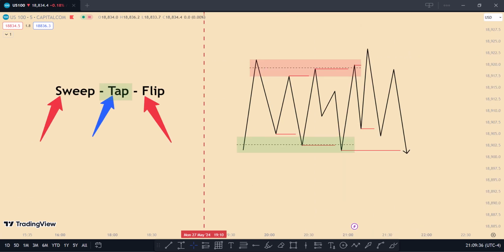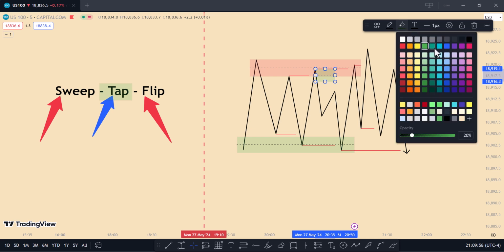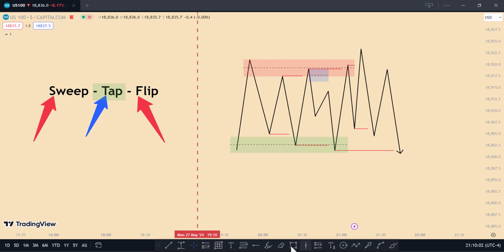So let's go back to our diagram right here. If price wants to go down, it will give you that first type of flip, the candle structure flip, like this. Price sweeps the high or the low right here, and then it will give you the flip right here to enter from.